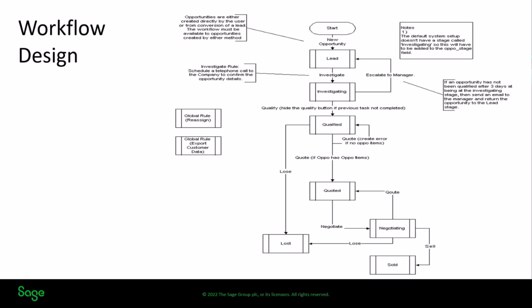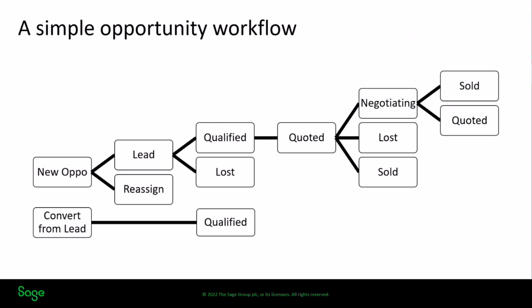So it has this idea of looping back, splitting apart, conditional behavior, as well as being able to take actions at any point through the behavior of that process. Now, inside Sage CRM, there is a graphical simplification that takes place. What we end up with is something like a decision tree.